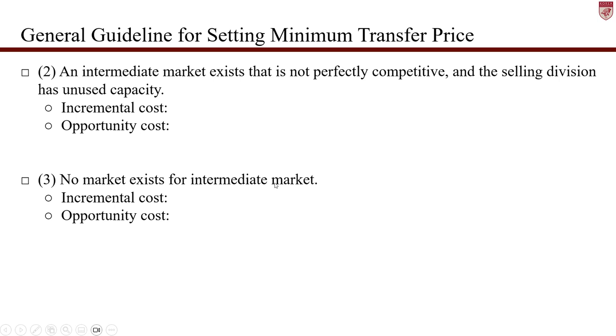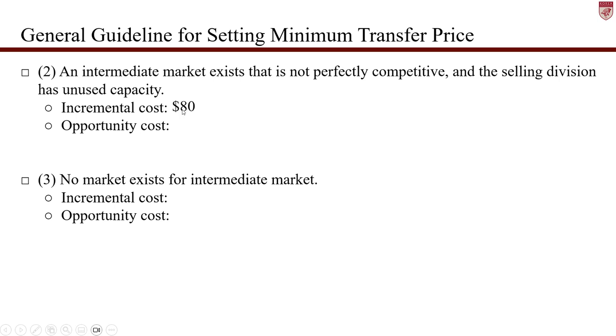Second case is where the intermediate market exists, but that is not perfectly competitive, right? Meaning there's not always enough buyers or sellers in the market, and you can also set the price by yourself rather than taking the price from the external market. And then the selling division will have unused capacity, meaning they can have some capacity left to sell to the internal division because they cannot sell to the external market.